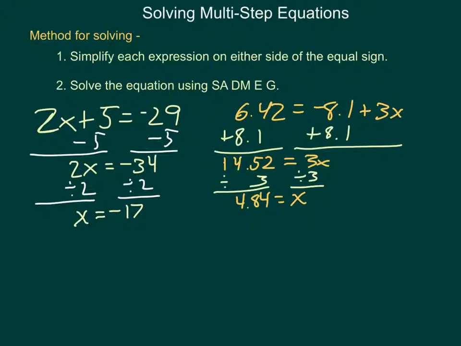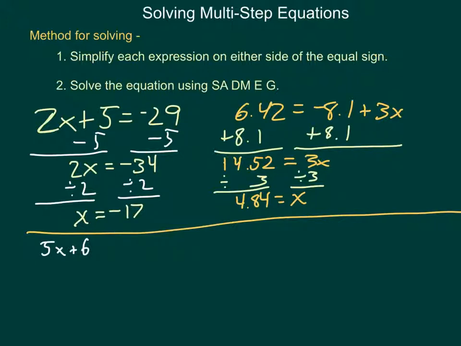Next equation we're going to take a look at. Let's take 5x plus 6 minus 2x equaling 81. Now, first thing we should check always is, can we simplify either expression?